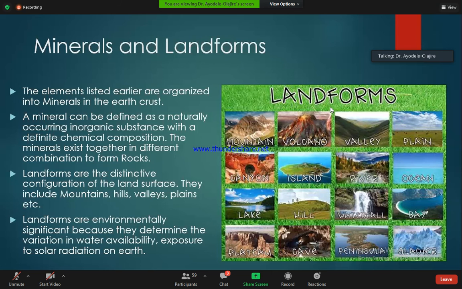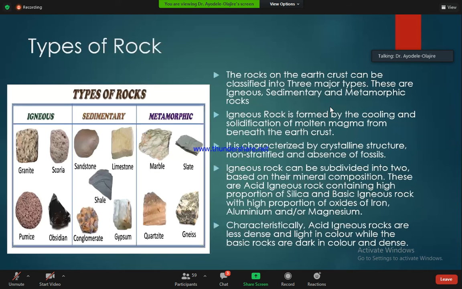Now, when we talk about rocks specifically, there are three main types of rocks that we have on the Earth's crust. And these are igneous rocks, sedimentary rocks, and metamorphic rocks. Each of these rock types are formed by slightly different processes, but they all contain minerals, like I mentioned earlier.